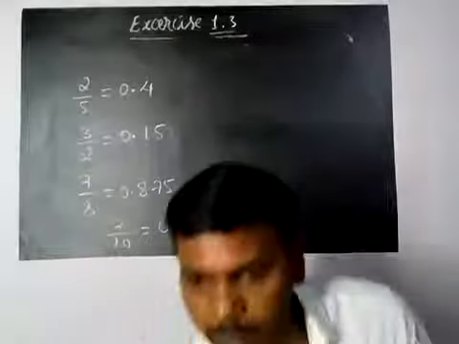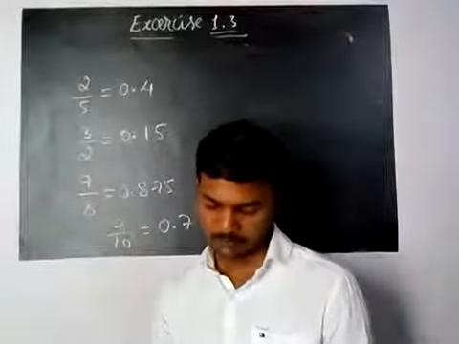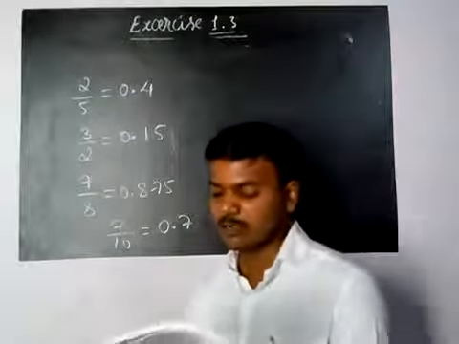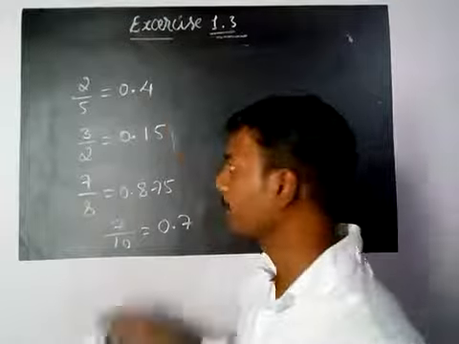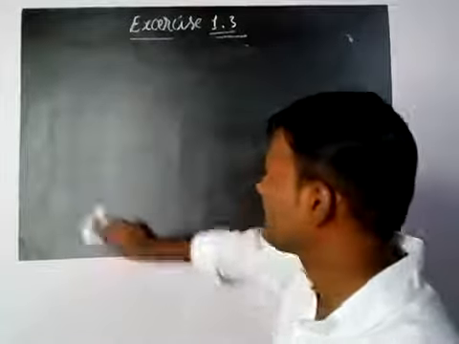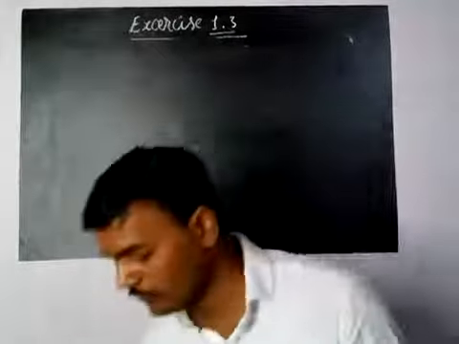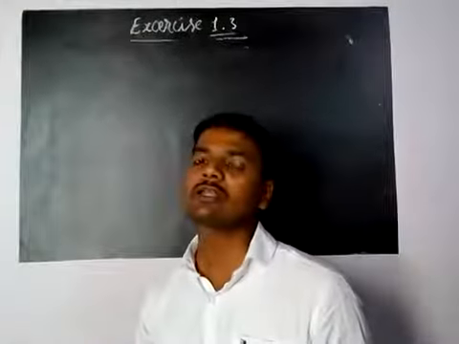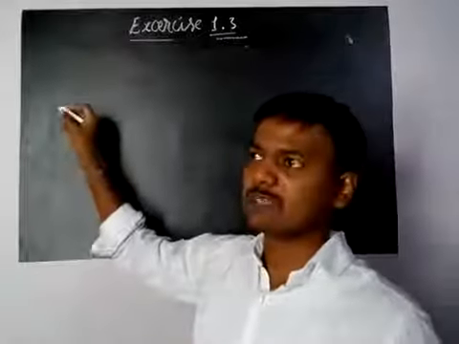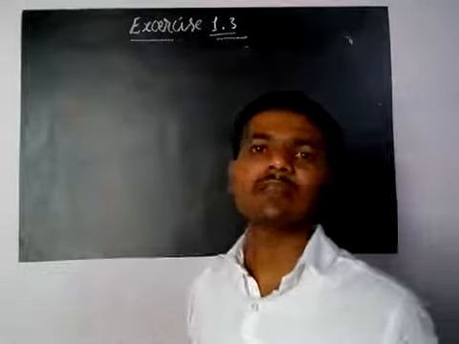Next example. Write 3 decimal expansions which are non-terminating, non-recurring. Non-terminating, non-recurring decimal expansions means they are irrational numbers.